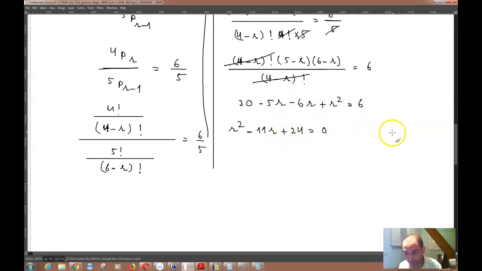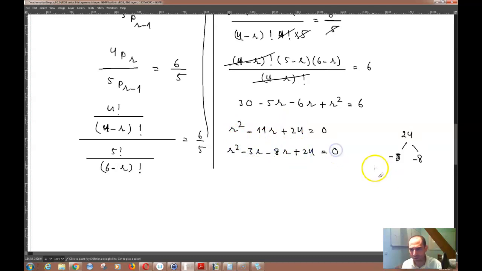And then 24 is the same thing as 3 times 8. Negative 8 negative 3 is negative 11, and the product of them would be positive 24. So I write this as r squared minus 3r minus 8r plus 24 is equal to 0.